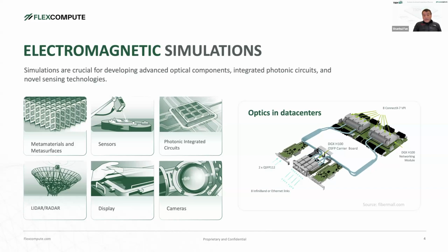You see that in a very wide range of applications in electromagnetics, photonics and optics. And this is true both for cutting-edge research as well as for a wide range of industrial applications.